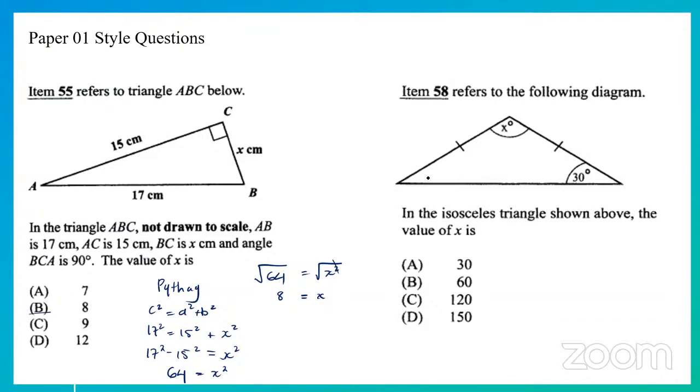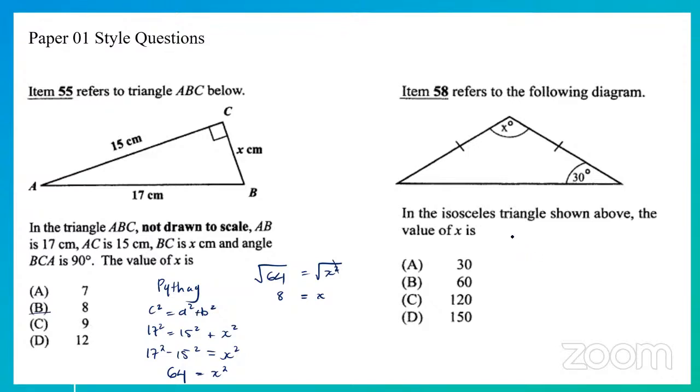All right, moving along to question 58 here, or item 58 here. In the isosceles triangle shown above, the value of x is, all right, so here, this requires our knowledge on triangles, more specifically, isosceles triangles.